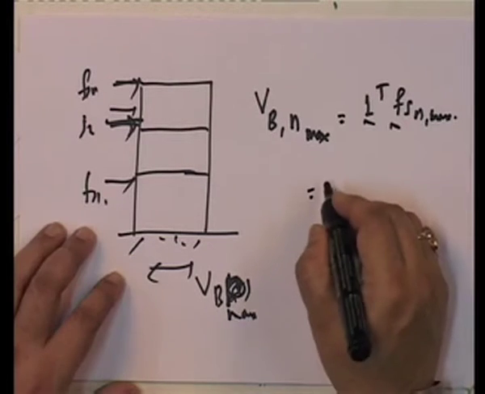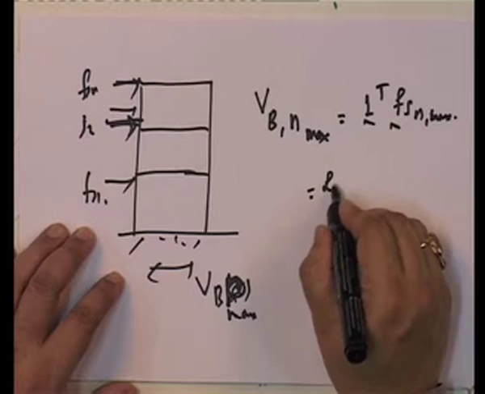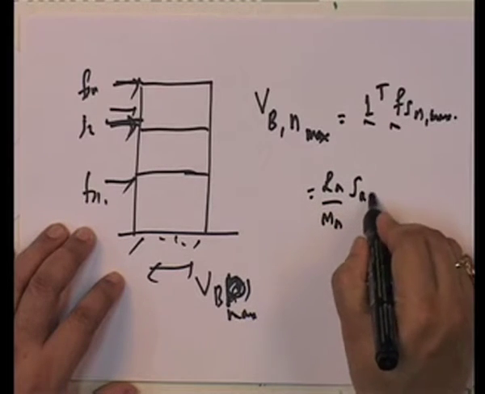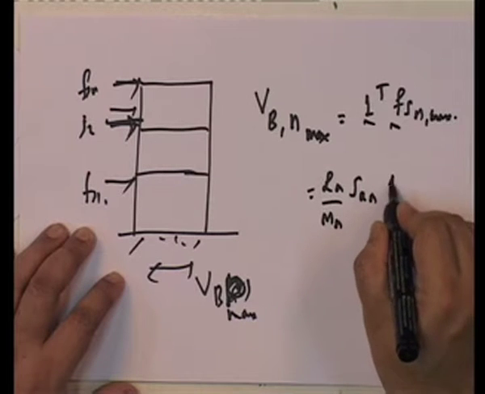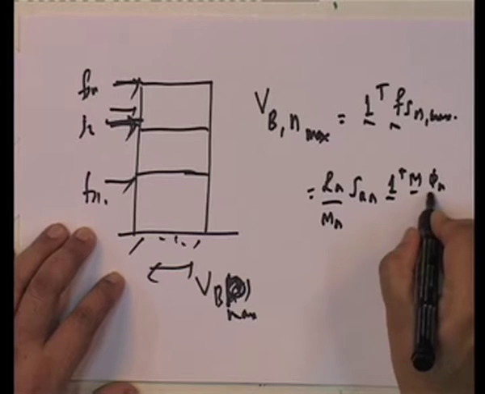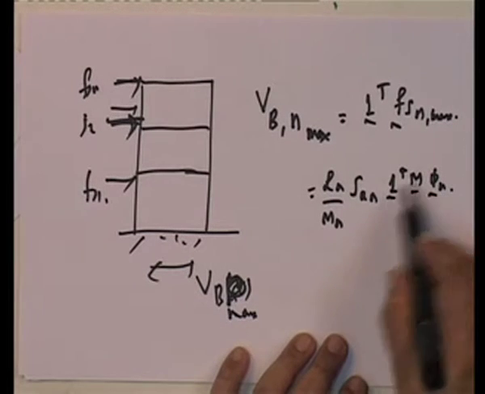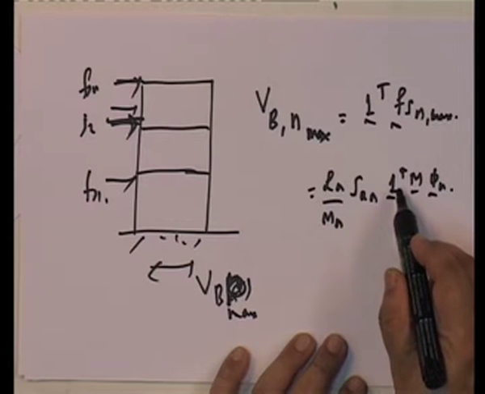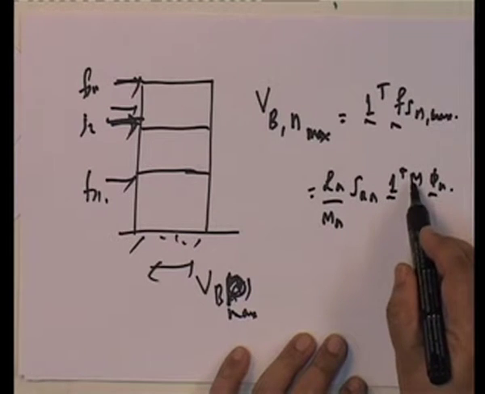Okay. So, what is that equal to? Plug in Fsn max, what we get is Ln upon Mn into San, I will call it again, into 1 transpose m phi n. We have already done this, phi n transpose m transpose into 1 transpose transpose. M is a symmetric matrix.